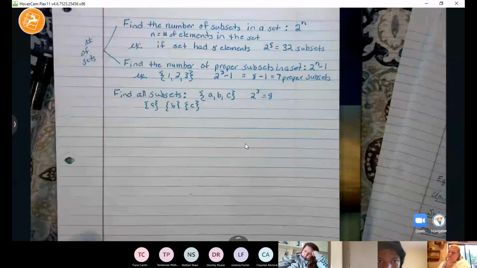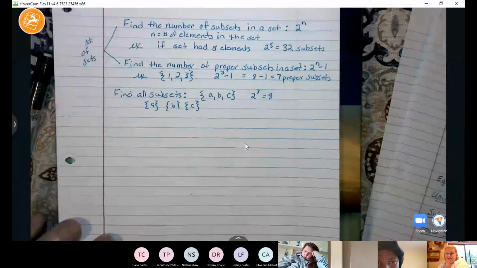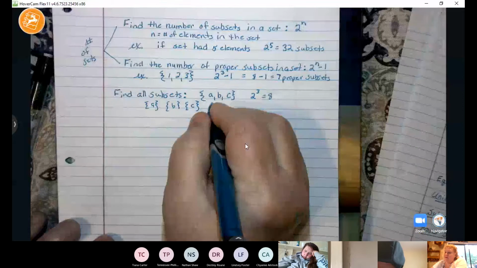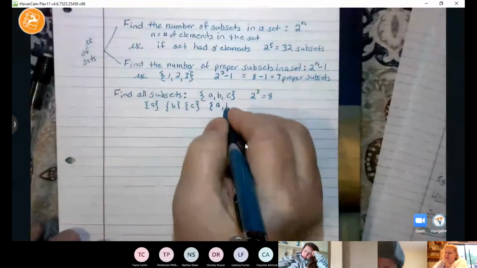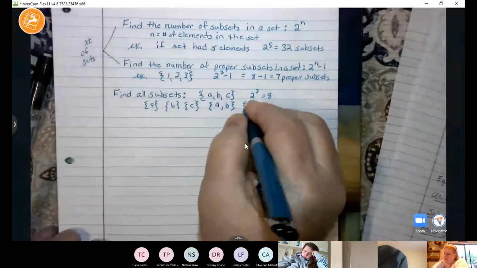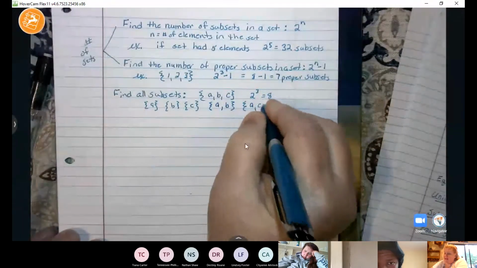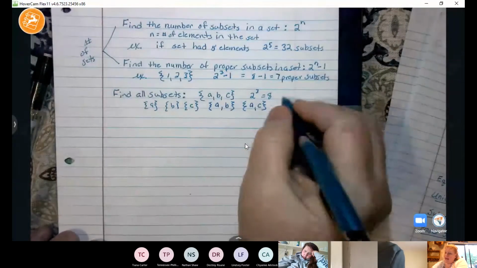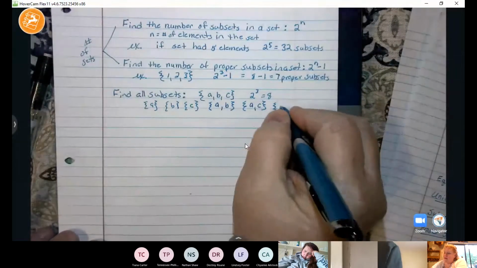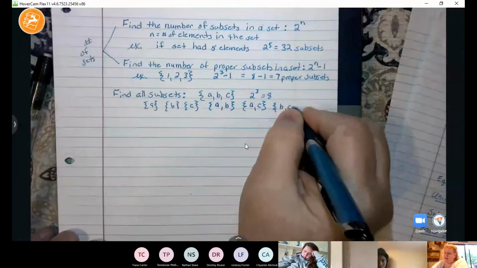And then I would look for combinations of 2 elements in the set. So I'd have a set with A and B. I'd have a set with A and C. And then the last combination is the set with B and C.